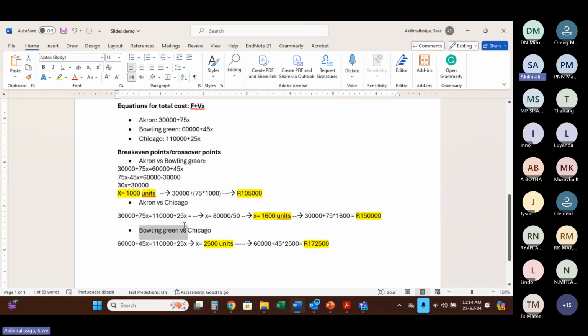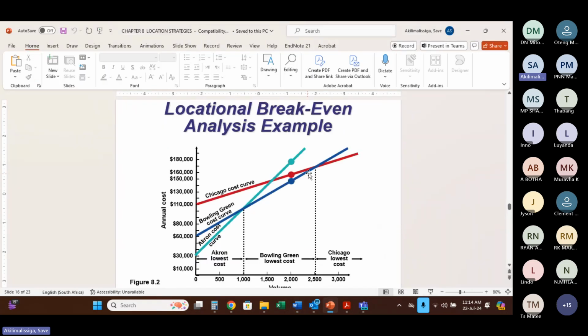This was Bowling Green and Chicago, 2,500, and the cost is 172,500. So automatically, it gives you that point there, graphically, of course. So you have it here, but you have also determined that point using the calculations. So that is basically what you do in terms of plotting the graph.